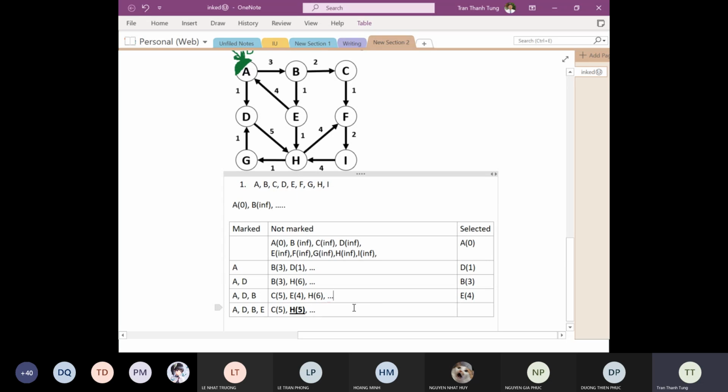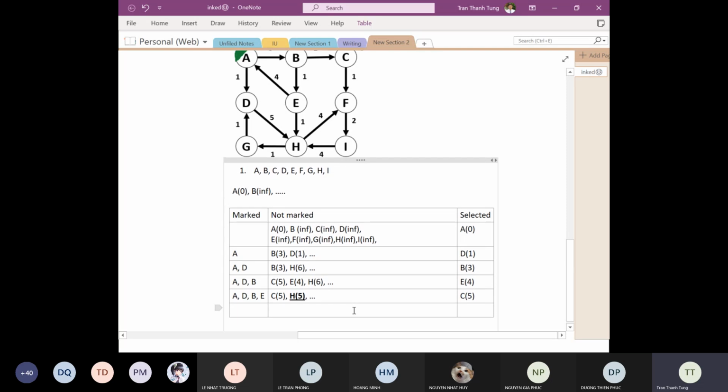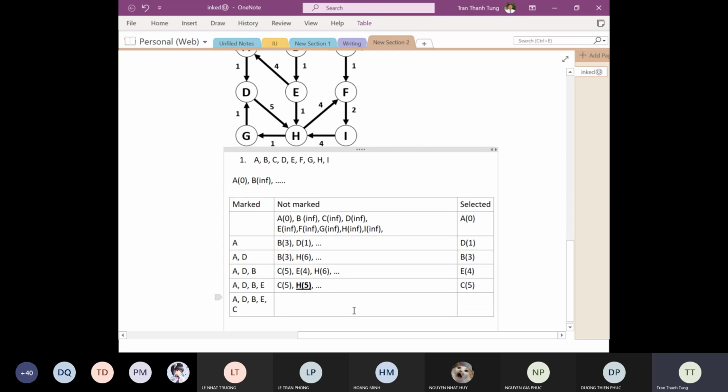The others are unchanged, infinity. From that one we can take one of them, we can take C 5 if we want: A, D, A, B, D, E, and now C. After C, you can draw it like that, it could be that long, whatever you want.